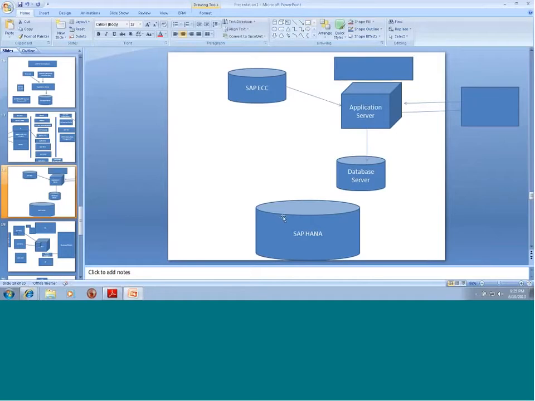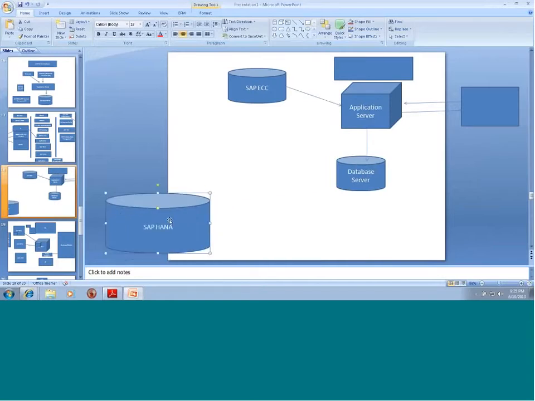Now let's look at the new module called SAP HANA. SAP HANA is nothing but a database. But the difference between SAP HANA and a traditional database is that a database stores data in a traditional format. It stores data like 100, ABC, Whopper, $100.